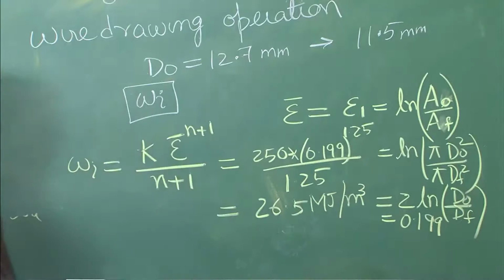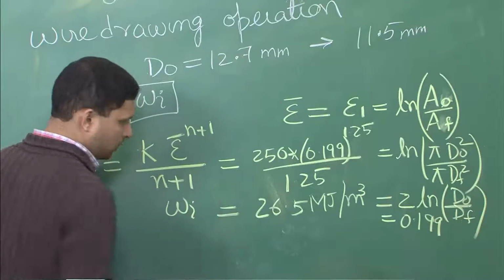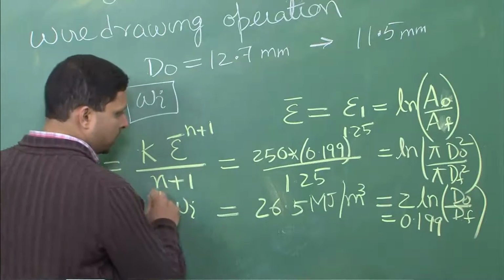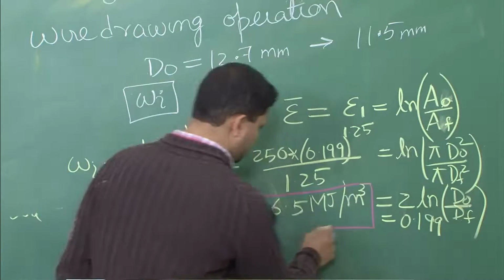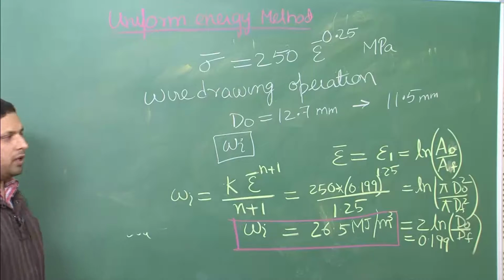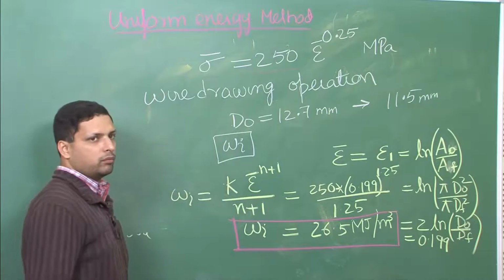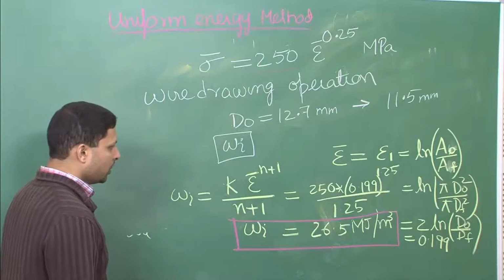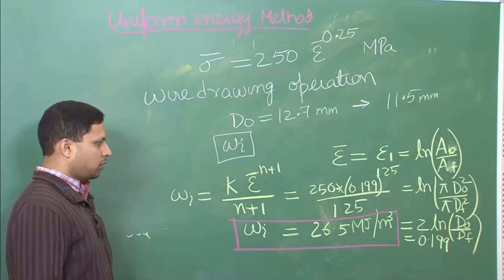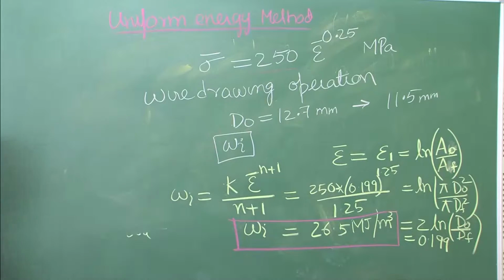So, that is the amount of work that is being done when you do a simple wire drawing operation on a material with this kind of flow behavior. So, this is the way to calculate the work ideal and to calculate the strain.